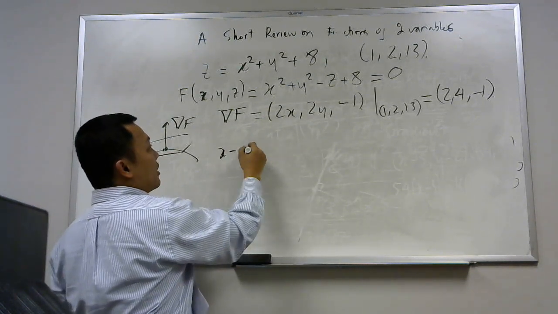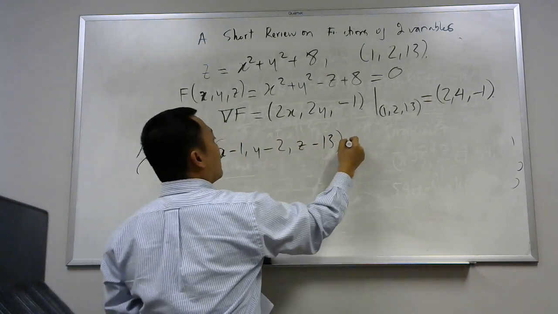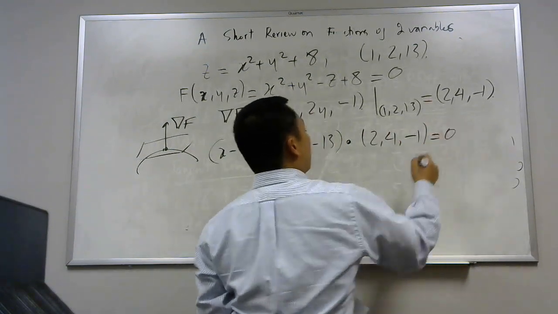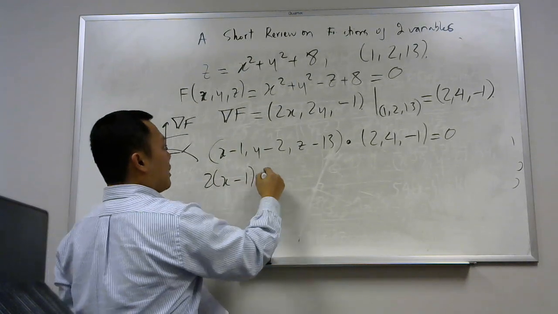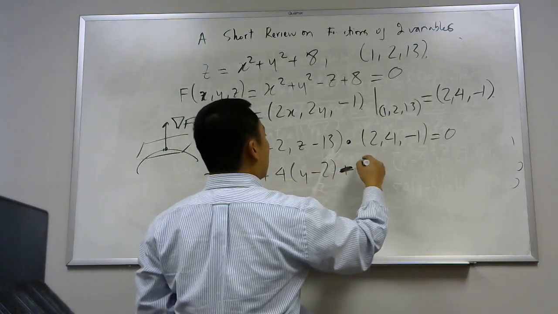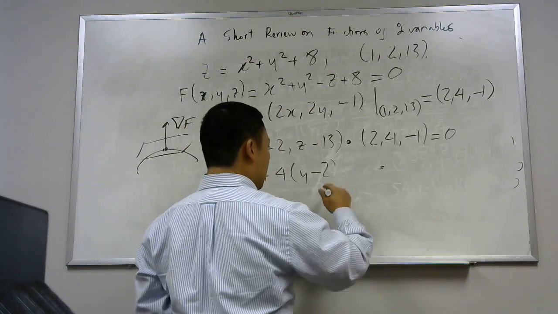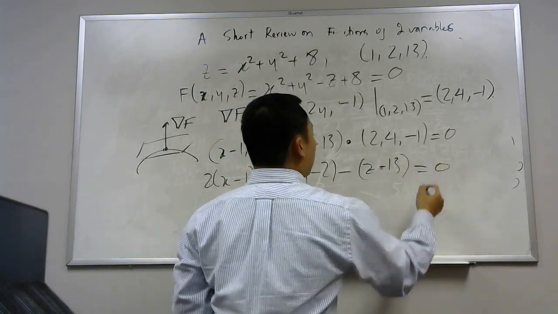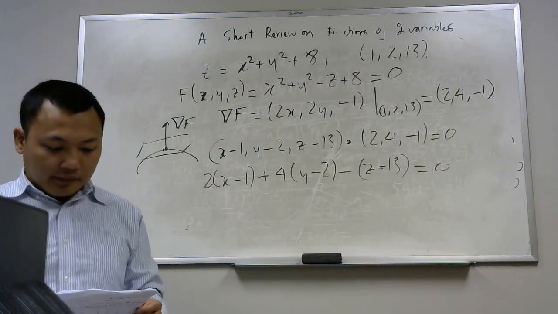So you have x minus 1, y minus 2, z minus 13, dot product with 2, 4, and negative 1 equal to 0. From here I can have 2 times x minus 1 plus 4 times y minus 2 minus z minus 13 equal to 0. And that is the equation of the tangent plane to the surface.